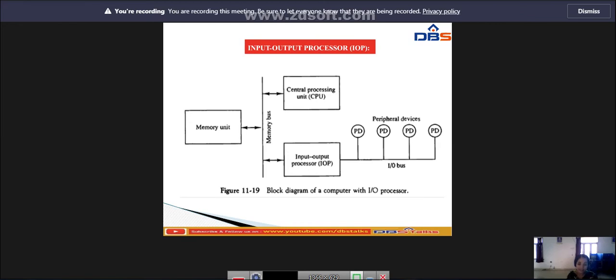Next, coming to the input output processor, IOP. What is meant by an input output processor? An input output processor may be classified as a processor with direct memory access capability that communicates with input output devices.